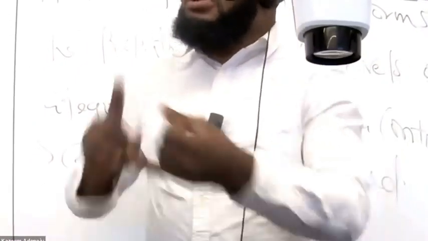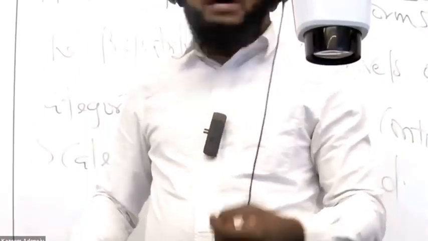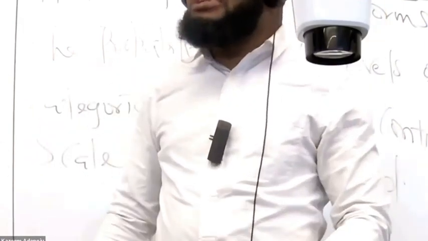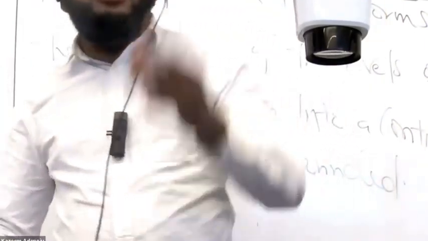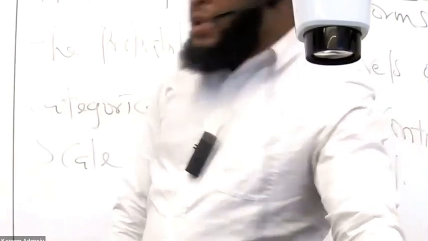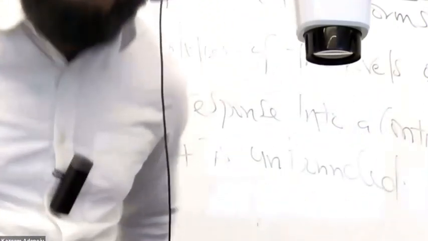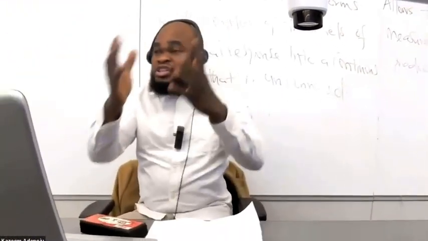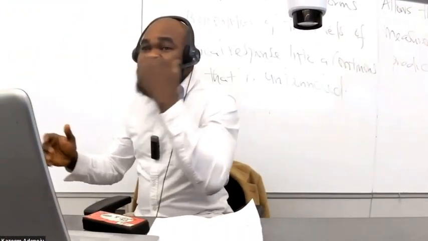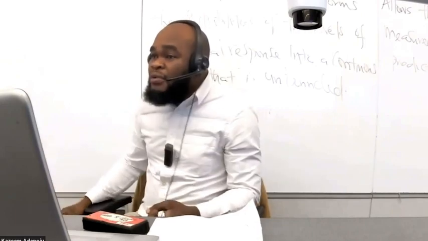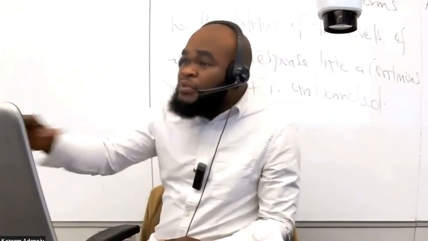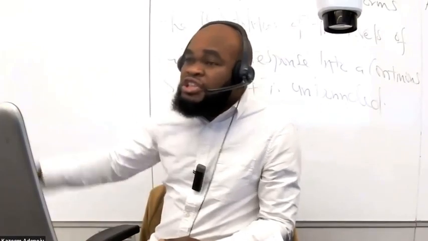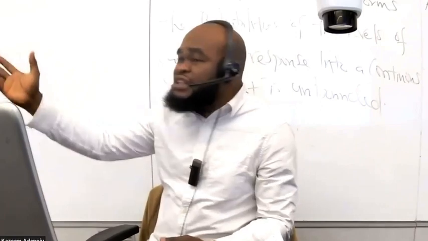Let me tell you this: logistic regression and other variants of logistic regression are classified under generalized linear model. So I'm going to say this again. The general linear model is talking about situations where the response is continuous. Examples are linear regression, analysis of variance, t-test, and so on.